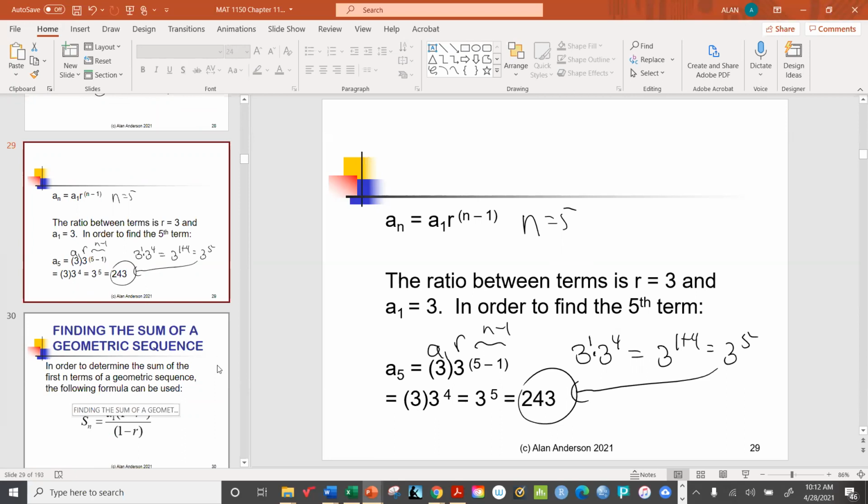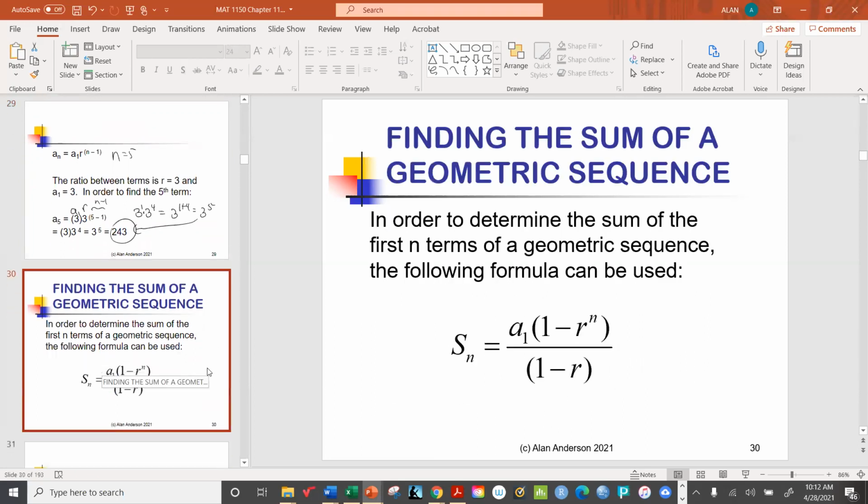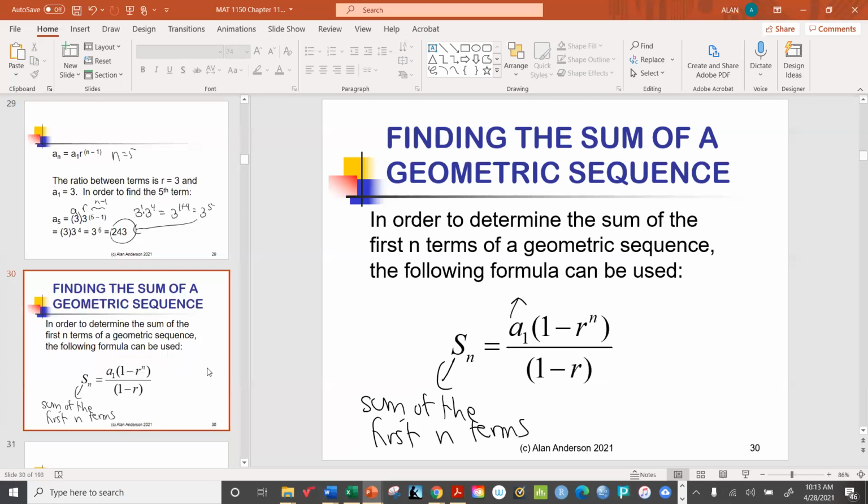So when it comes time to a geometric sequence, the way to find the sum is with the following formula. Okay, now you can see there's nothing new in here. This is the sum, of course, of the first n terms. This is the first term, of course. And then R is the common ratio.